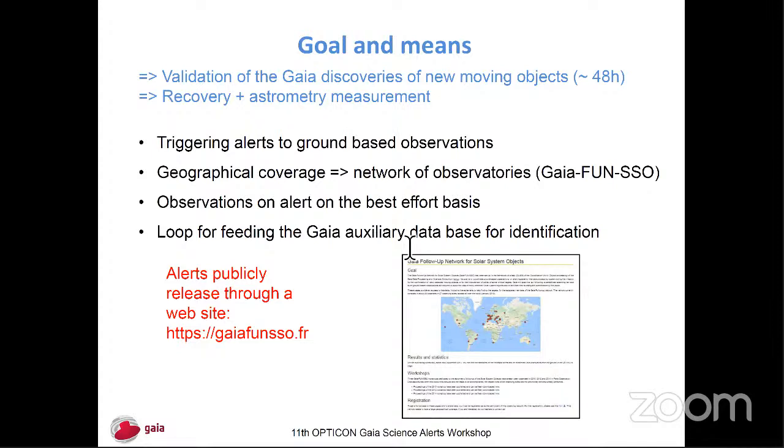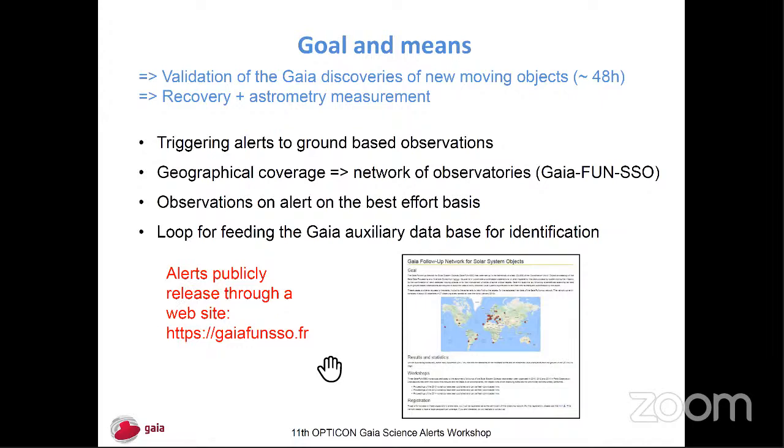So this is the main goal of the activity relative to these new moving objects. And we have built, in fact, a server in order to allow the observer to access the data.